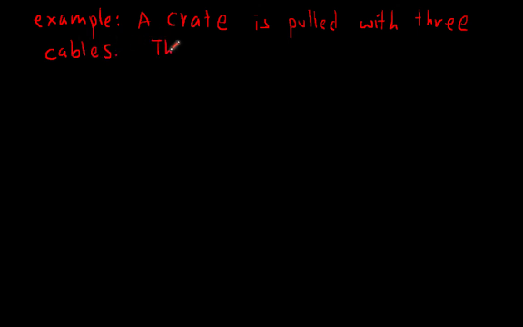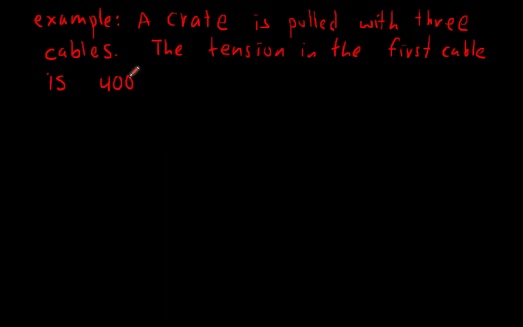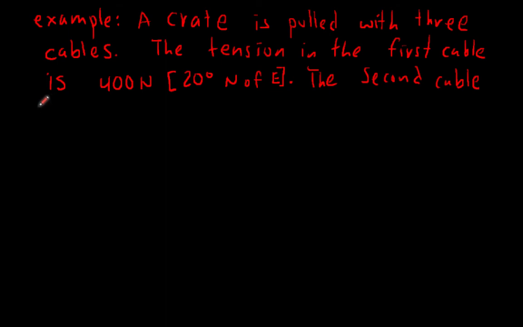For our second example, we'll look at some vectors at angles to each other. A crate is pulled with 3 cables. The tension in the first cable is 400 newtons at an angle of 20 degrees north of east. The second cable has a tension of 350 newtons at an angle of 30 degrees south of east.